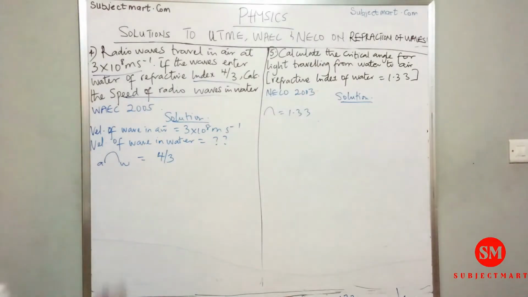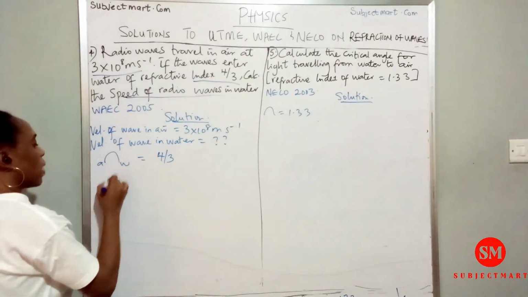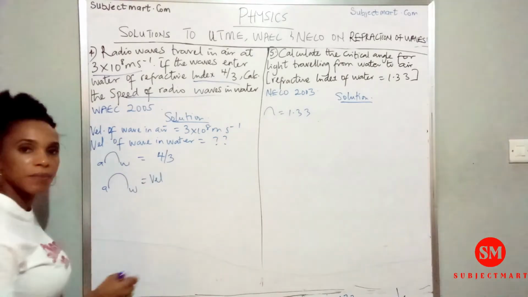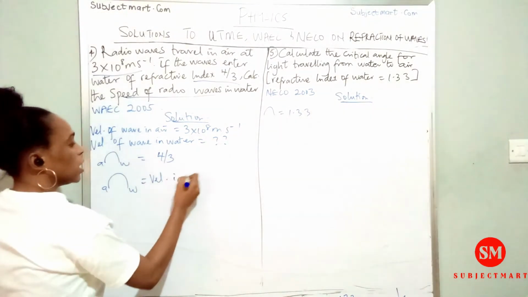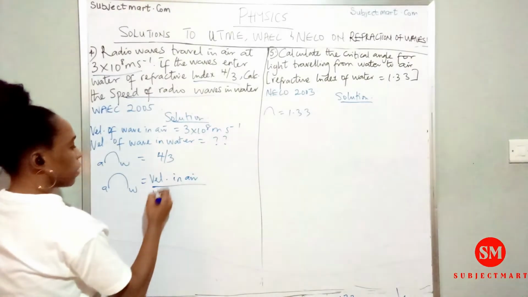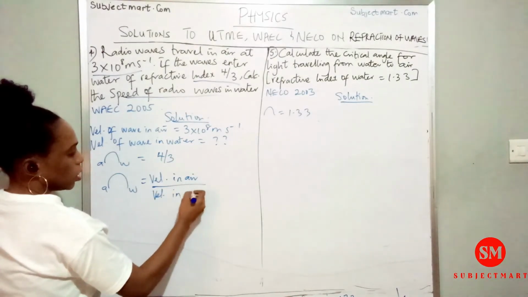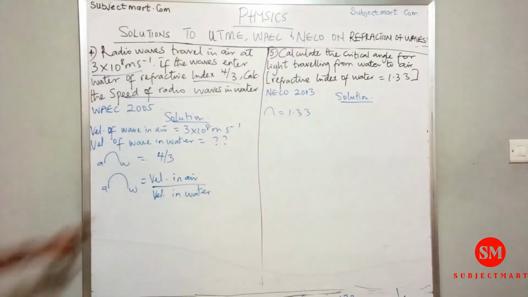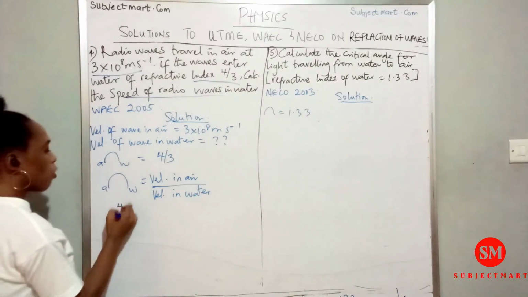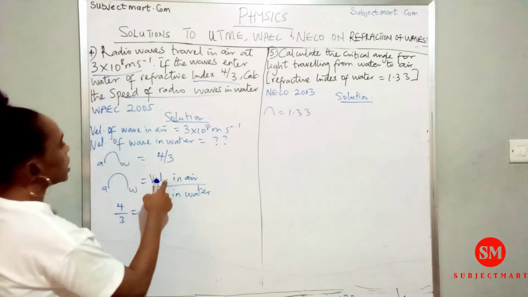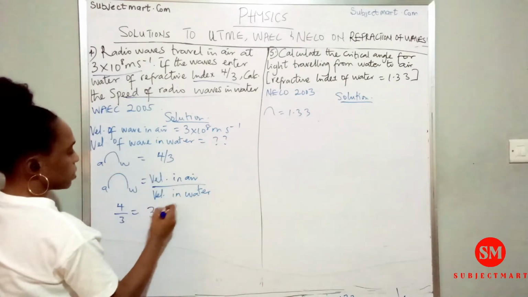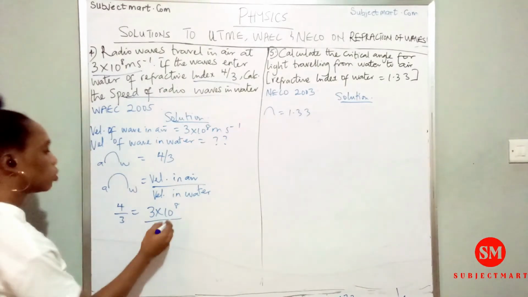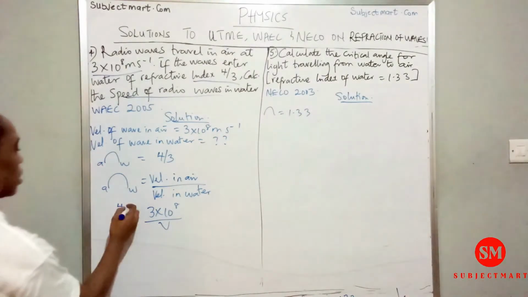Okay, so you recall that refractive index from air to water is equal to velocity of the wave in air over the velocity in water. So we have 4 over 3 is equal to the velocity in air, 3 times 10 raised to the power 8, over the velocity in water, which we don't know, so I'm going to put v.